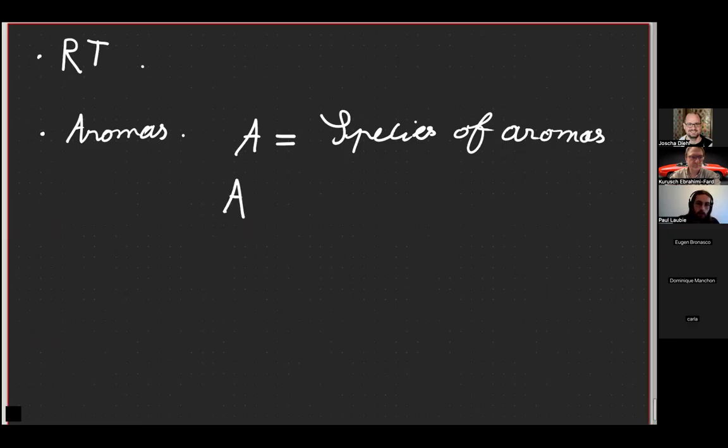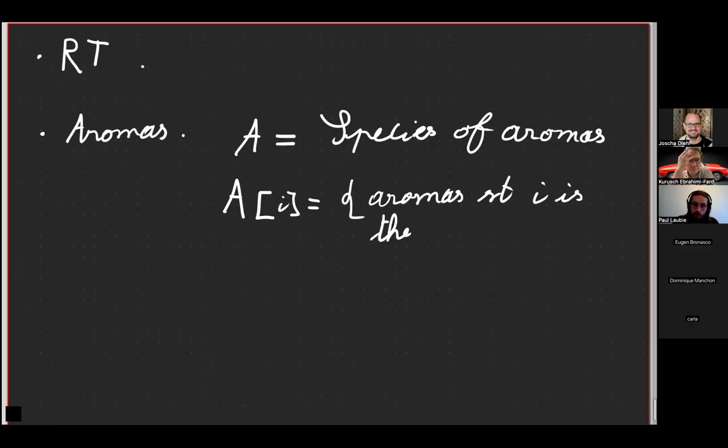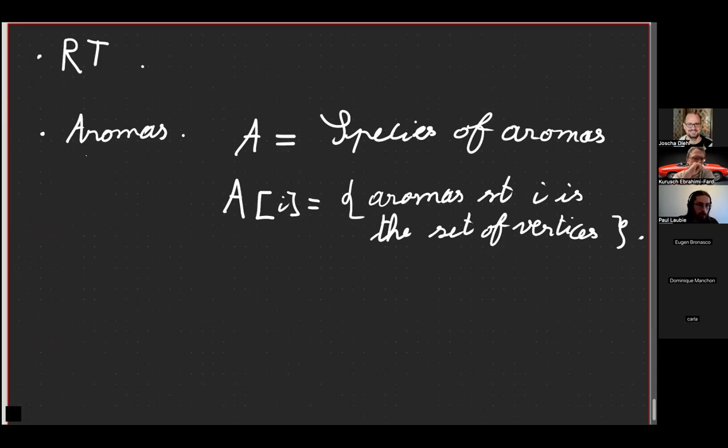So it means that A of a finite set, let's say I, is a set of aromas such that I is a set of vertices. And here we can see something which is really, really interesting: if I have an aroma A, and if we graft a tree on A, this is still an aroma.